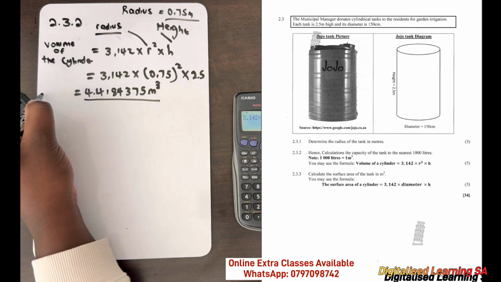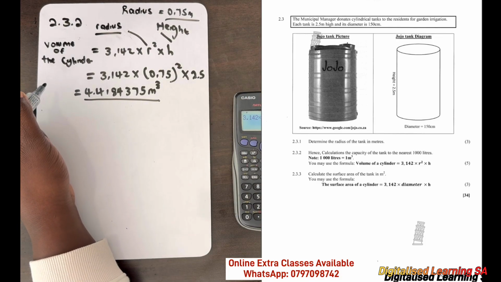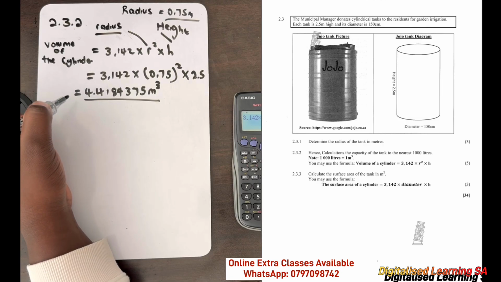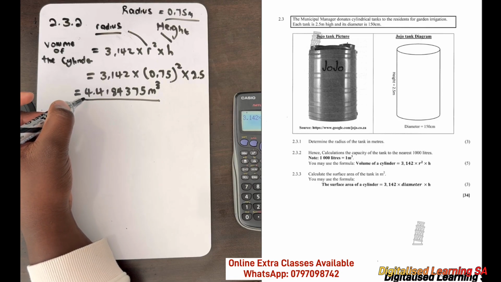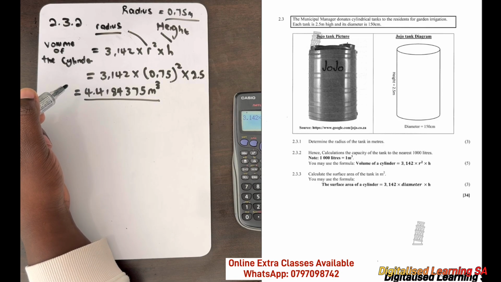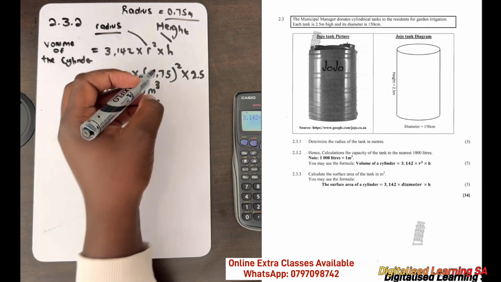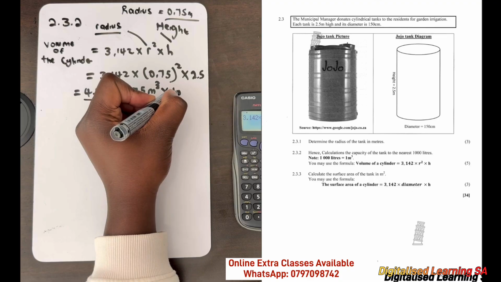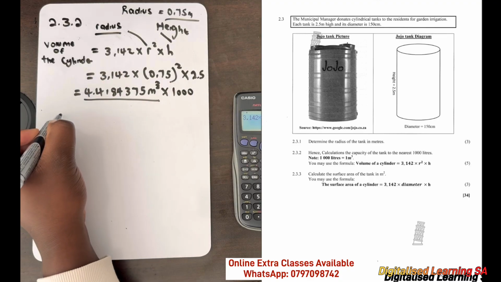So this is our volume. And if we go back to our question, we will see that our answer needs to be in liters. So to convert this into liters, we multiply by 1000, because the note says that 1000 liters is equals to 1 meter cube.